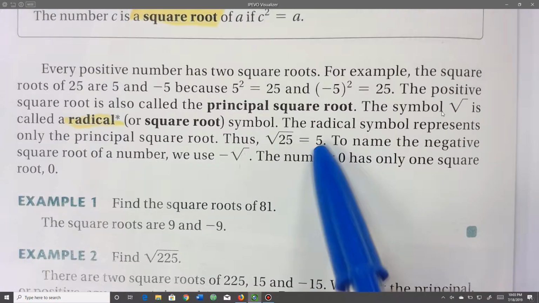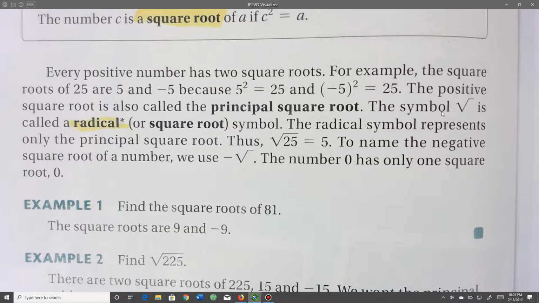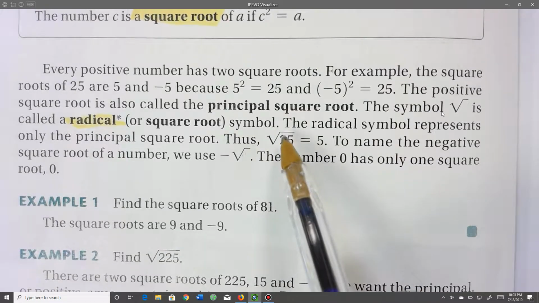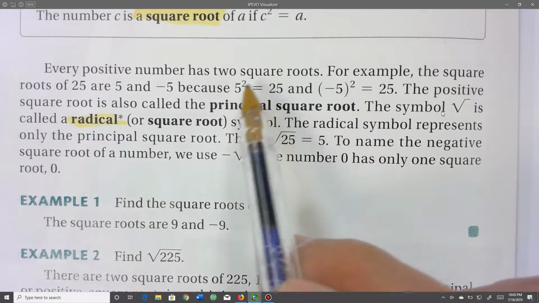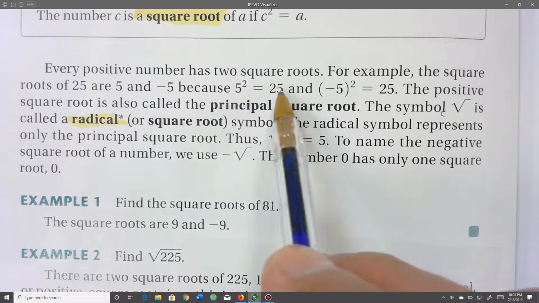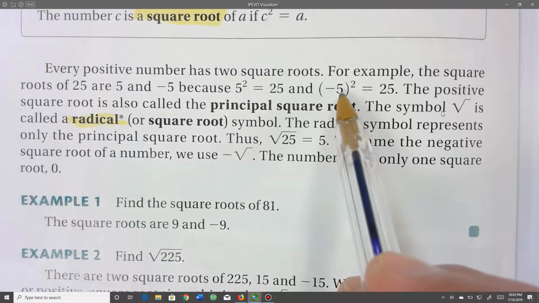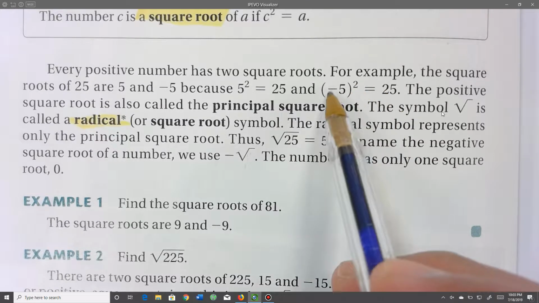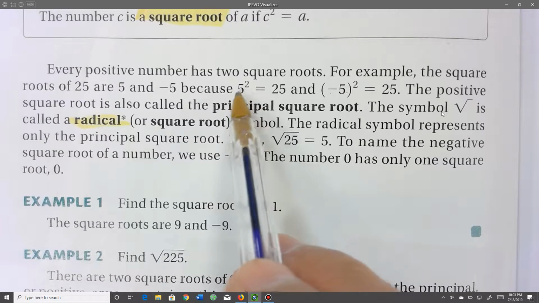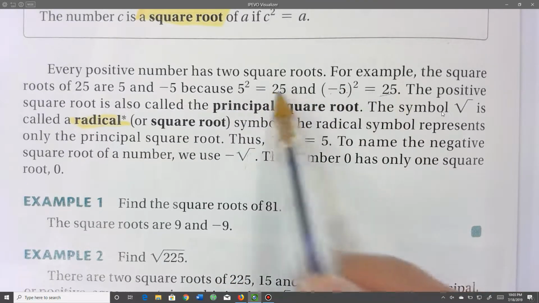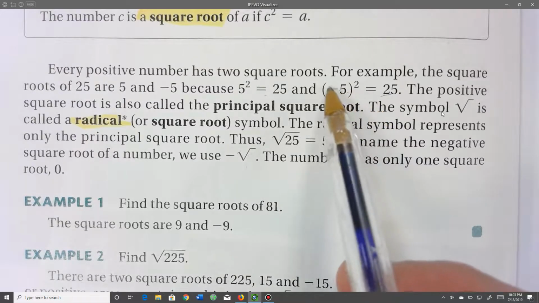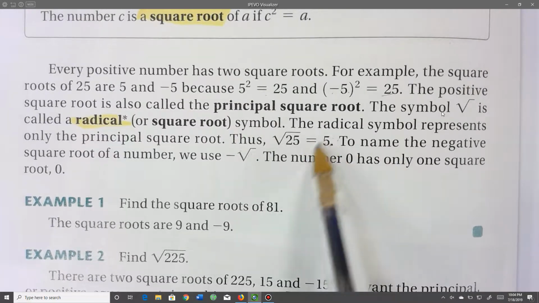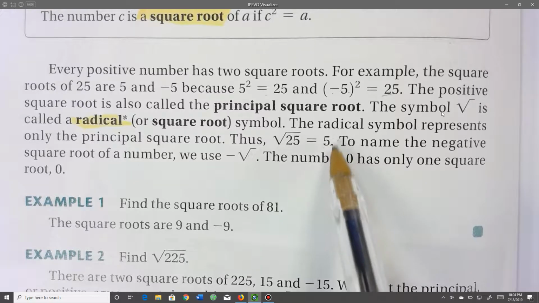Even though technically you have two answers, a positive and a negative value, because 5 times 5 is 25, and negative 5 times negative 5 is also 25. So you technically have two answers. When they're talking about the principal square root, they will be talking about just one answer, and it's going to be the positive answer.